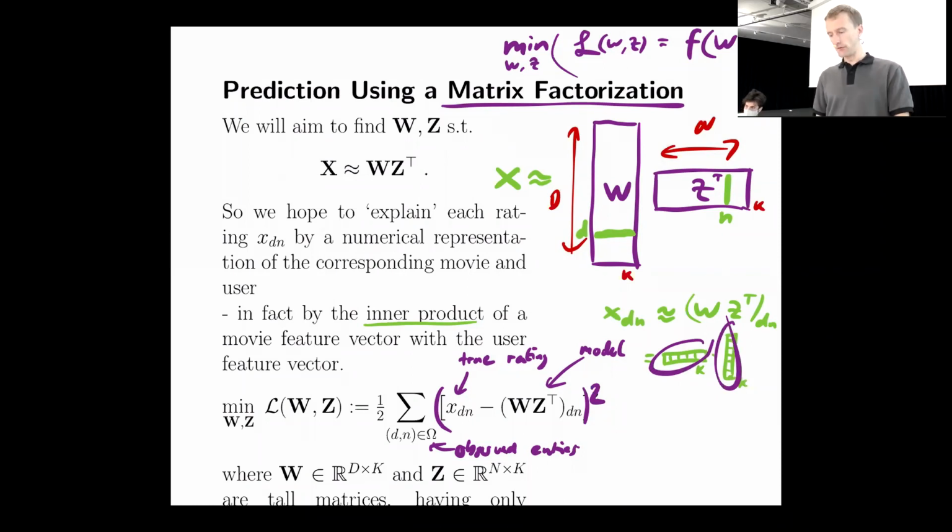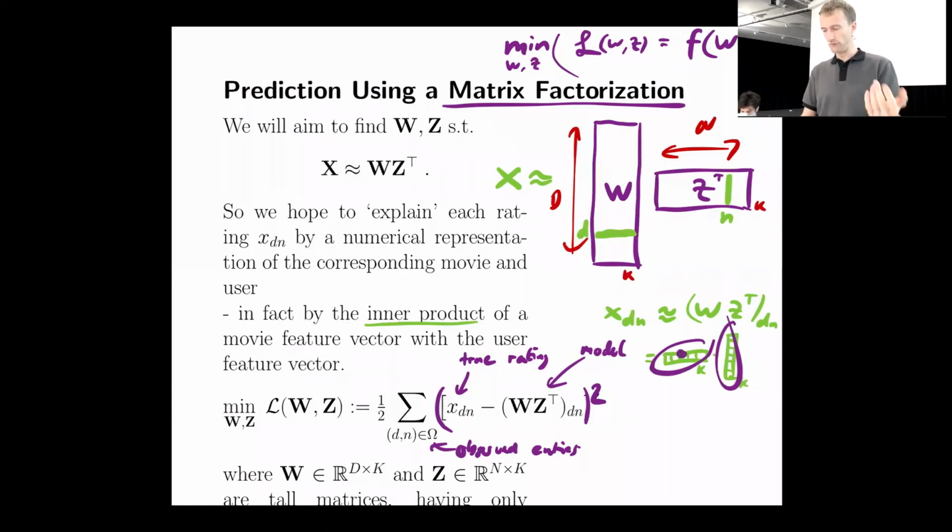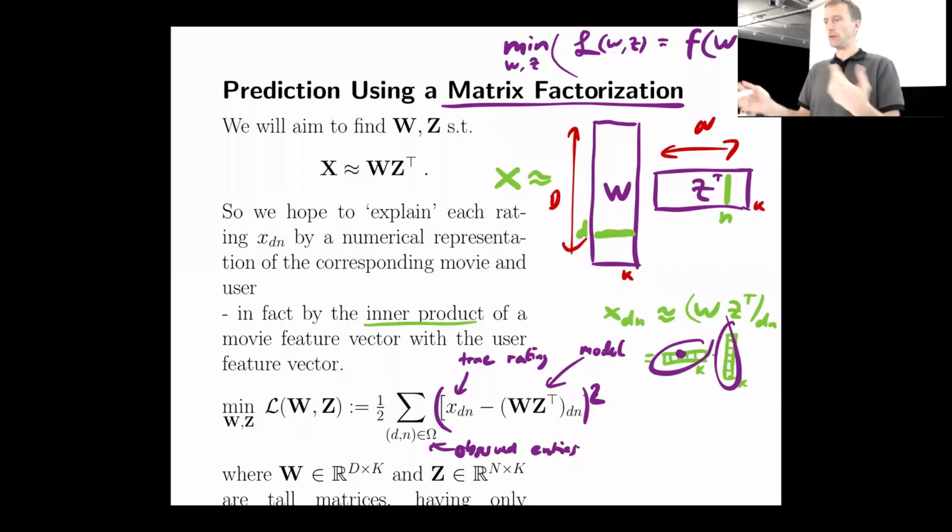So actually, when they are learned, then you would think these values which are in here, which can be any number, positive, negative, anything, they should express the preference of you as a user, right? So maybe this aspect, you have a preference. So if it's positive, then it means that you like this aspect of movies. So you have a large number here, and the movie maybe has also a positive number there, then it means that you like this type of movie.